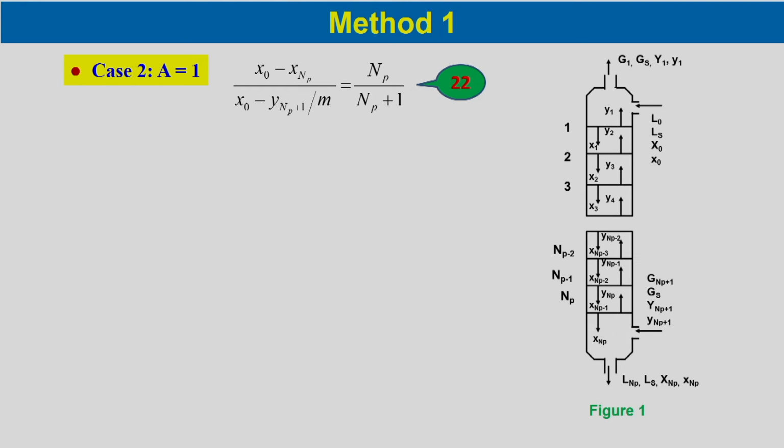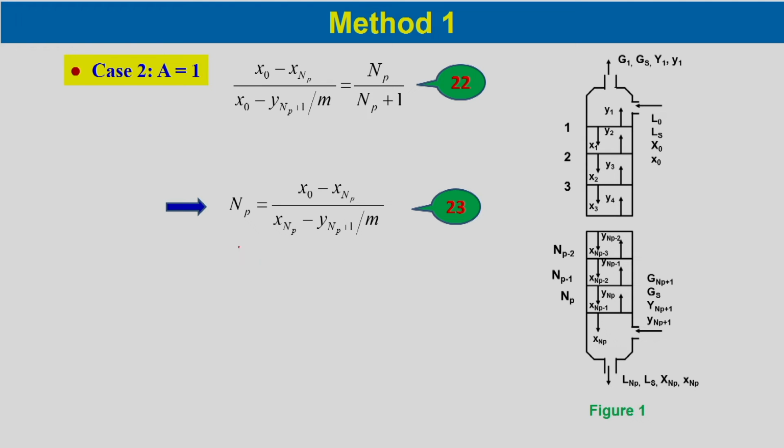Similarly, as in absorption, in case of stripping when the absorption factor is 1, we will get, in a similar way, (x naught minus x n p) divided by (x naught minus y n p plus 1 divided by m) equal to n p divided by n p plus 1. If we rearrange to calculate n p, we can write n p equal to (x naught minus x n p) divided by (x n p minus y n p plus 1 divided by m).